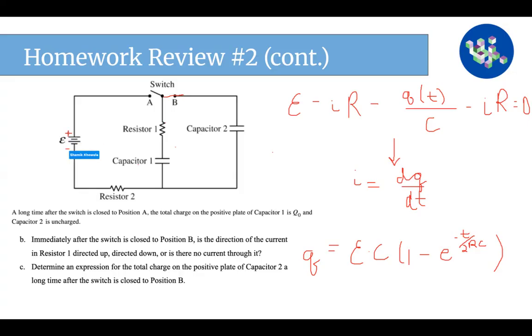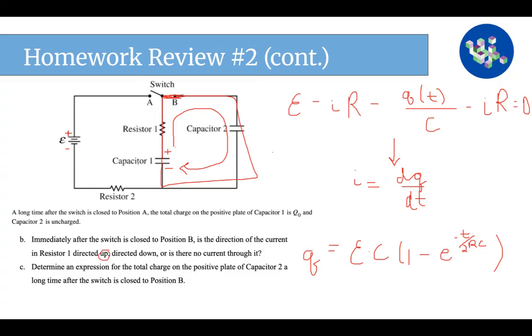After a long time, there will be a positive charge on this plate and a negative charge on this plate. Therefore, when we put the switch to position B and we just have this loop, the current is going to run from the positive end to the negative end. That's our convention, so it's going to run clockwise. Then the direction of the current through resistor 1 is going to be up.